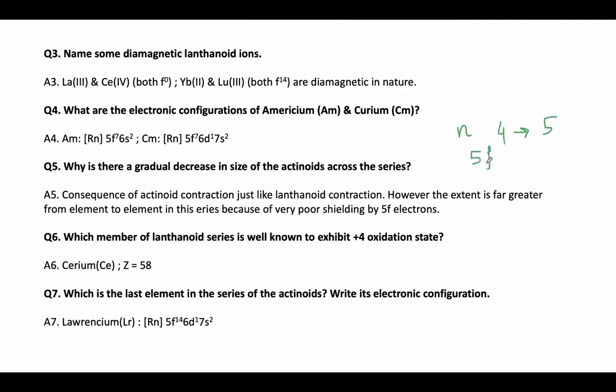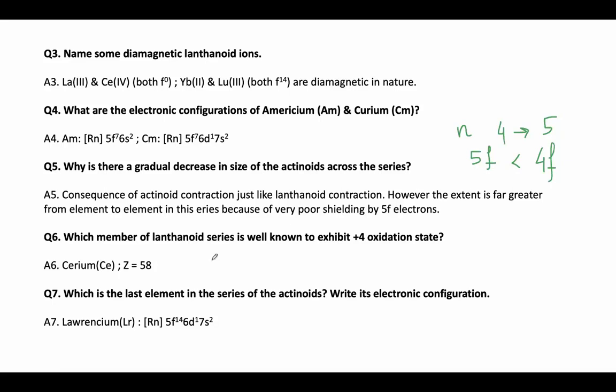That very poor shielding provided by the 5f electrons is the reason why, in actinoid contraction, which is similar to lanthanide contraction, the extent is far greater.